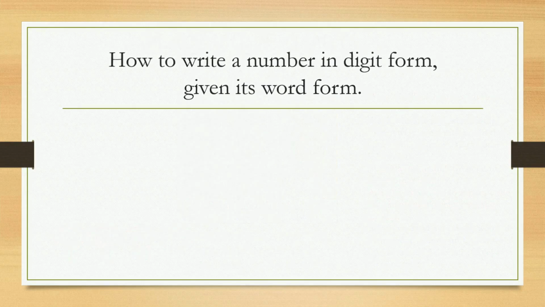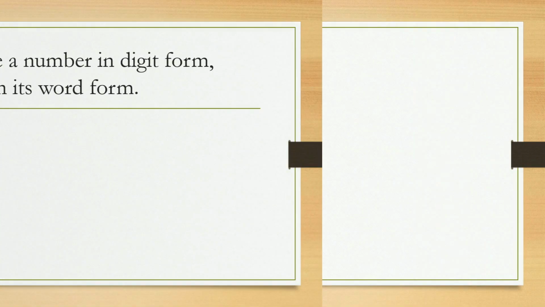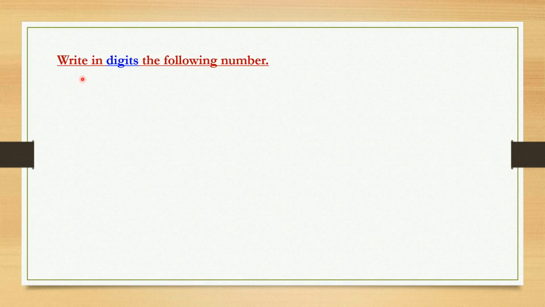Now let's continue with the next part, how to write a number in digit form given its word form. Write in digits the following number. So we have this number in words, 76,020,400.